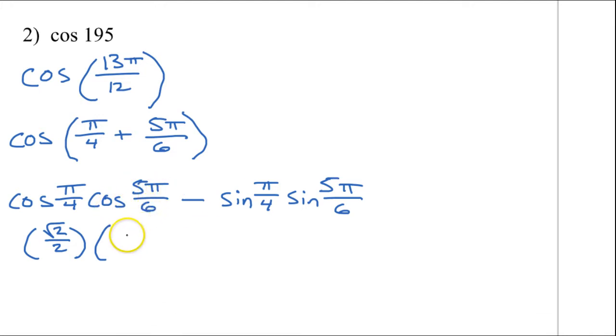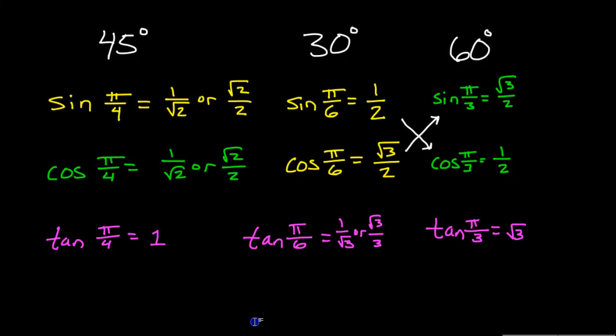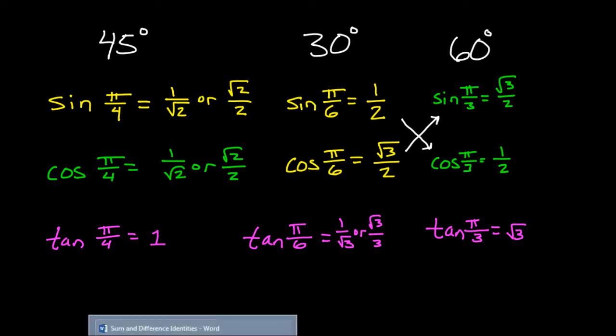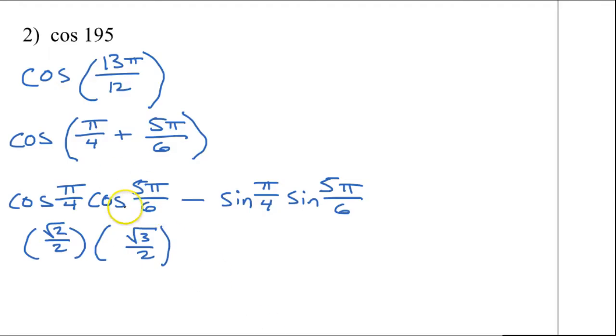Cosine of pi over 6 is radical 3 over 2. We know this from our chart. So the cosine of 5 pi over 6 is either going to be positive radical 3 over 2 or negative radical 3 over 2, just depending on the quadrant.